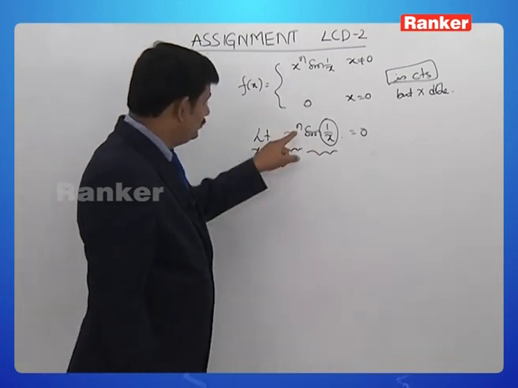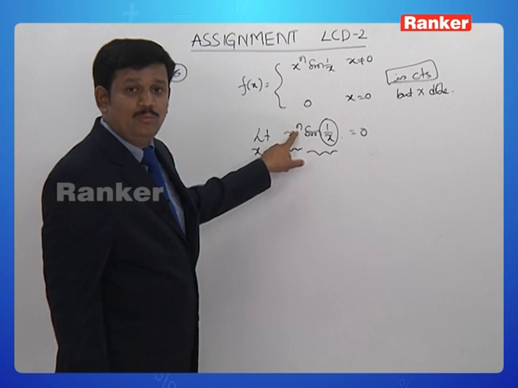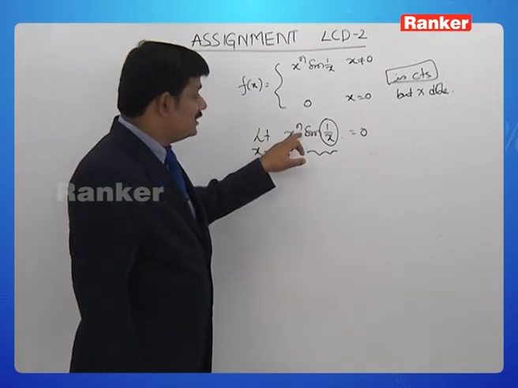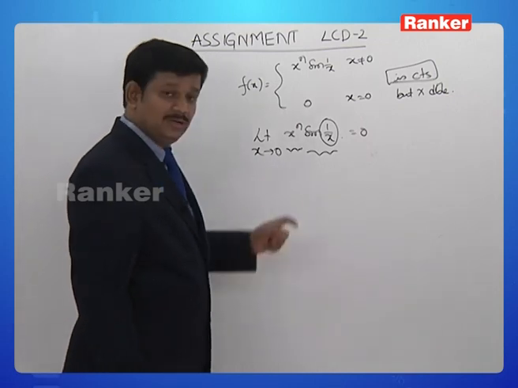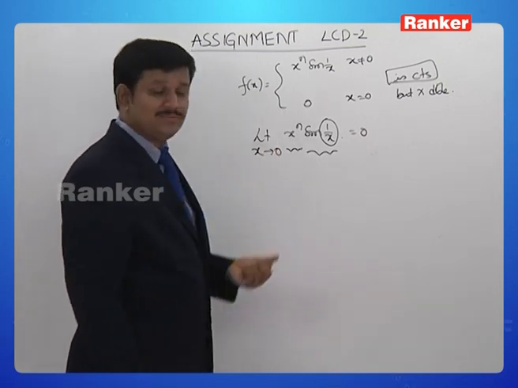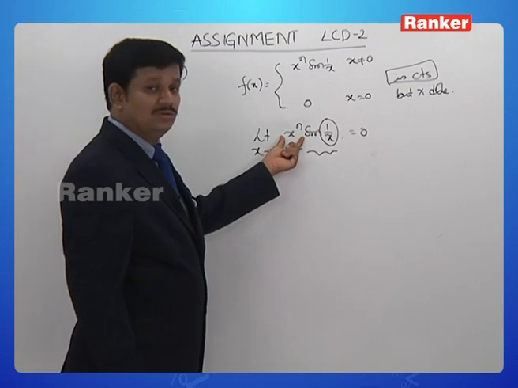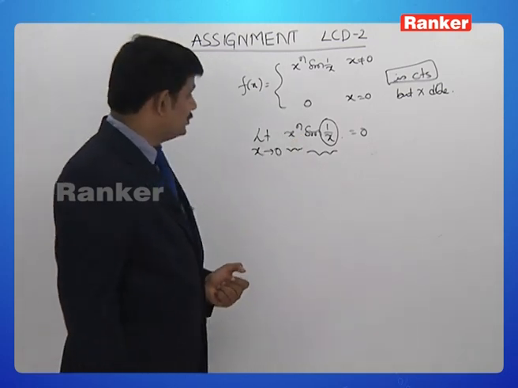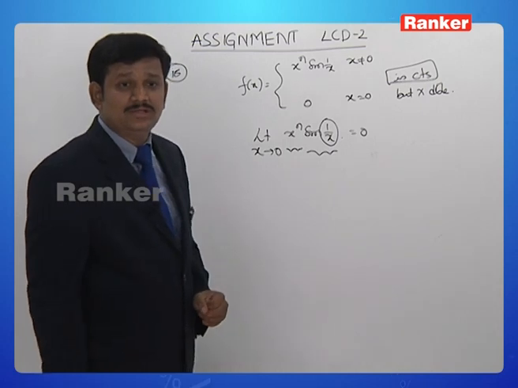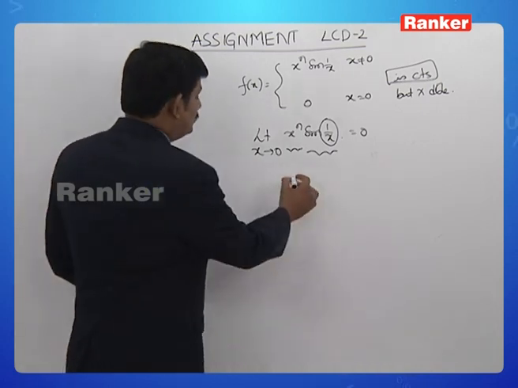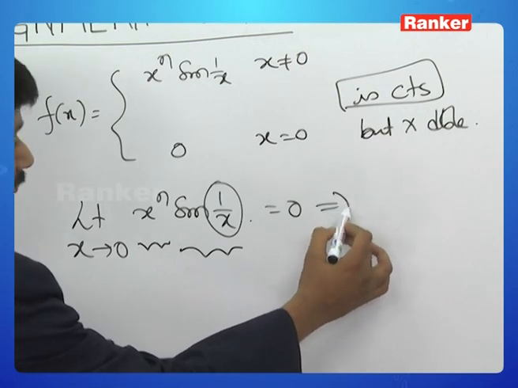If n is 0, x power n is going to be 1. If n is negative, x power n would be plus infinity or minus infinity depending on which side of 0 x is tending to. This will be 0 only when n is positive, and this should compulsorily be 0 because the function is given to be continuous. So, n has to be positive.